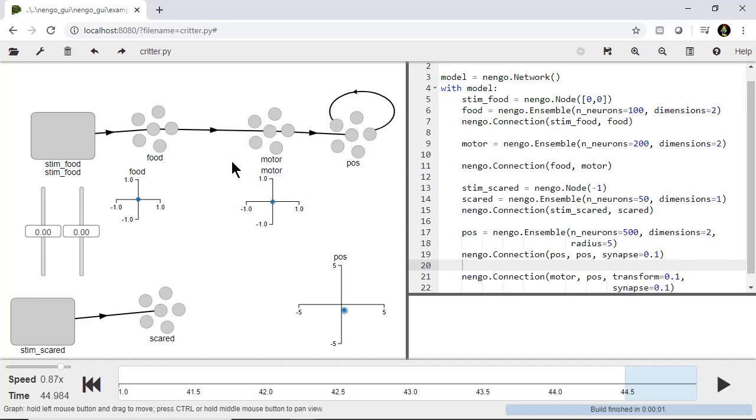One way to think about it is, really what we now want is that the function taking us from food to motor is not just a function of food. It's a function of food and whether I'm scared.